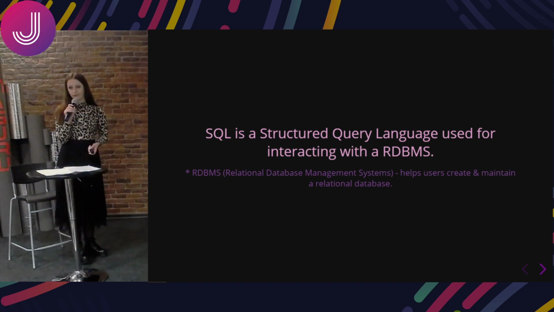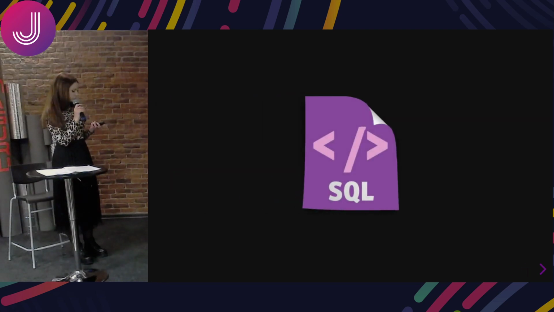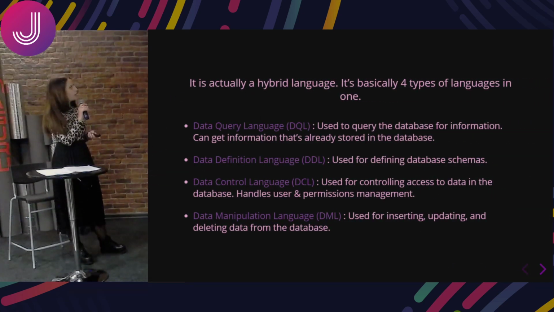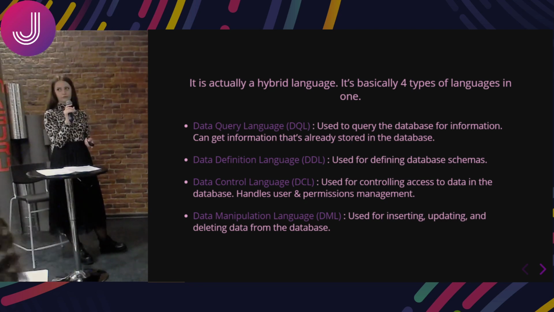What is SQL? SQL is a structured query language used for interacting with relational database management systems that helps users create and maintain relational databases. SQL is a hybrid language and has four types of languages in one. The first type, data query language, is used to query the database for information.